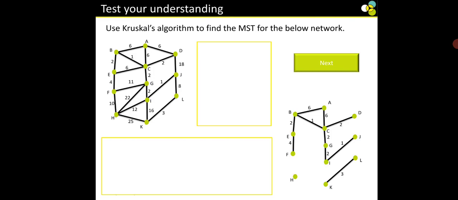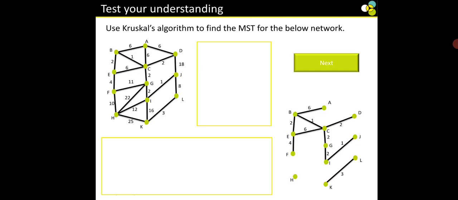If I am adding the next smaller edge, which is also 6, so if I am adding A to C, which is 6, automatically it will produce a cycle like this. So it is also wrong for the Kruskal algorithm. So I think we have to remove this, right? So we have removed this edge.